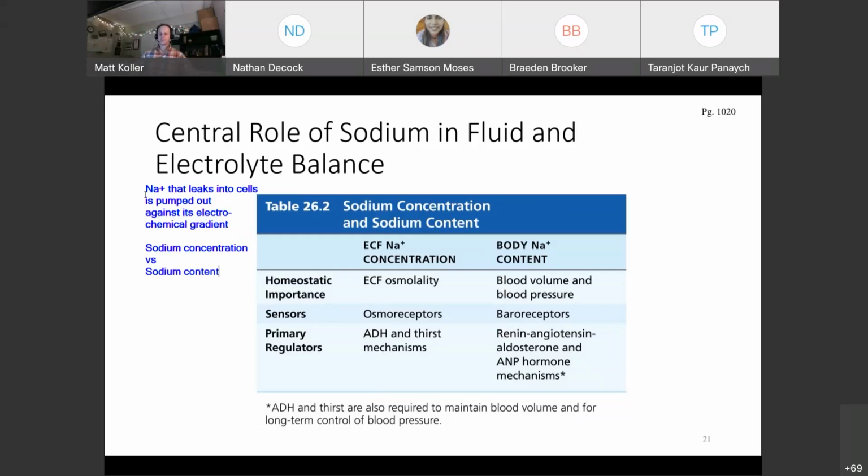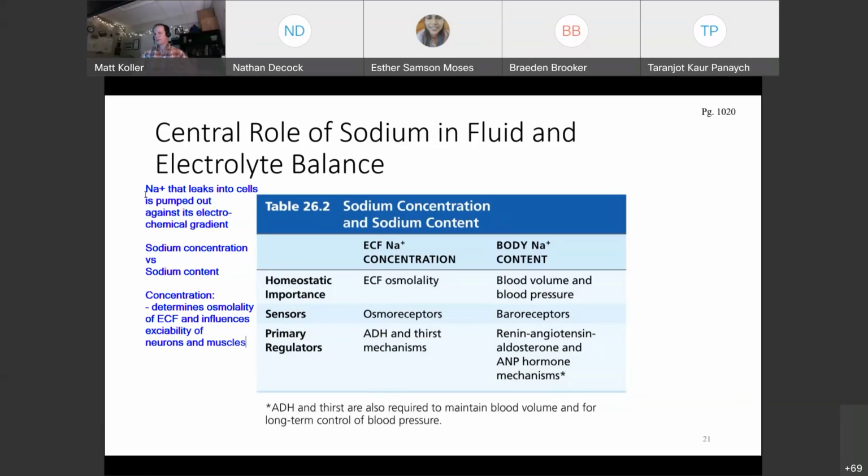Okay, so for concentration, this determines osmolality of extracellular fluid and influences excitability of neurons and muscles. So the concentration of sodium, right, that makes sense.